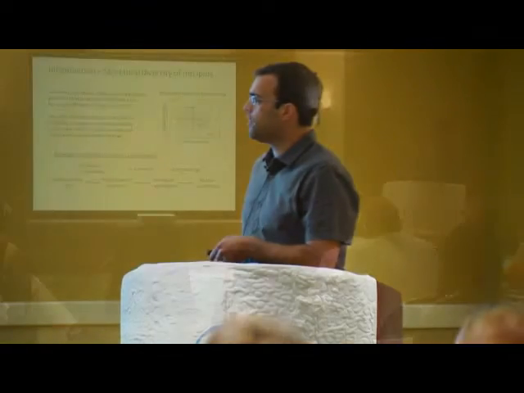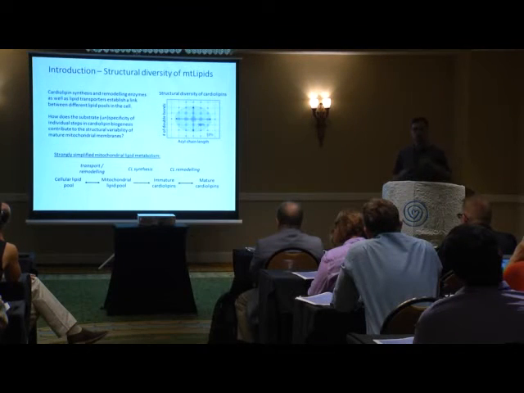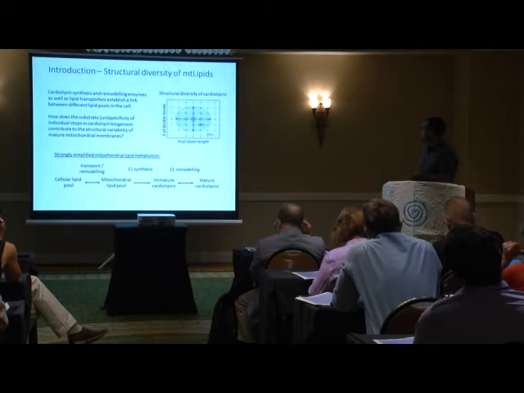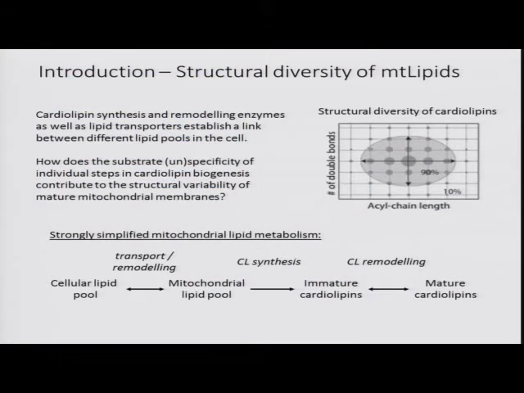And the abundance of these enzymes and their specificity, and also the specificity of transport processes trafficking different kinds of lipids, is then responsible for the structural diversity in terms of the length of side chains and the number of double bonds of acyl side chains in these different lipid pools.